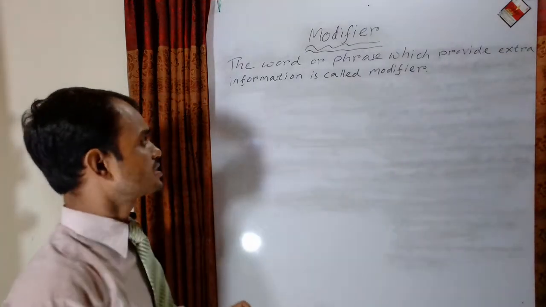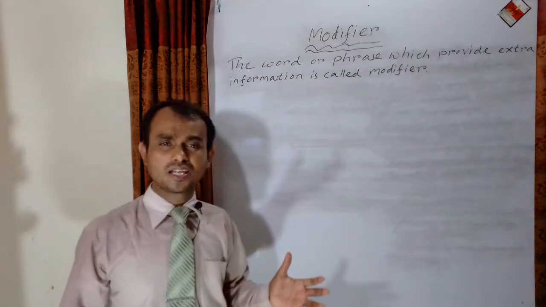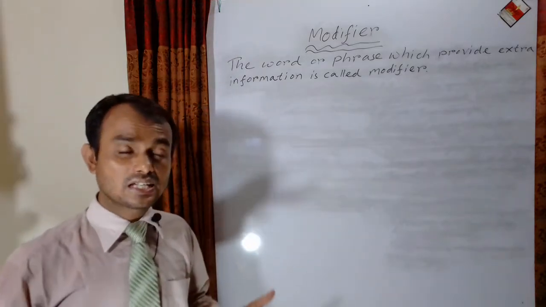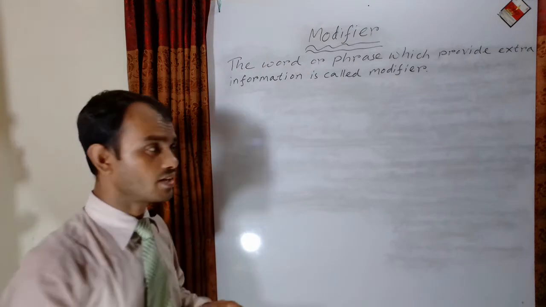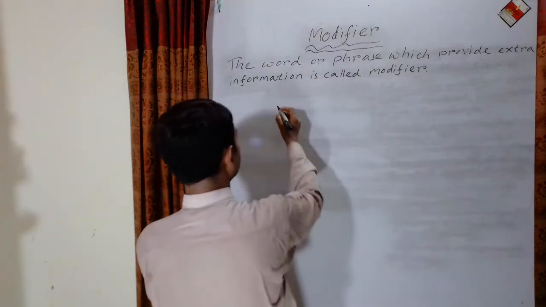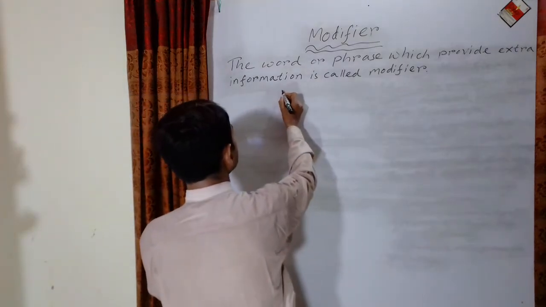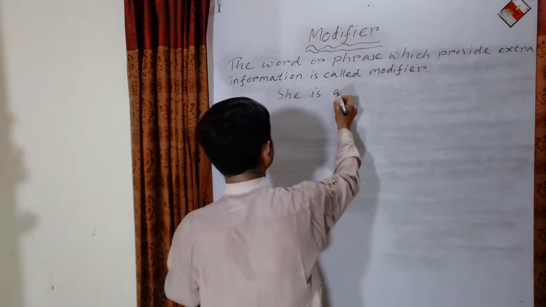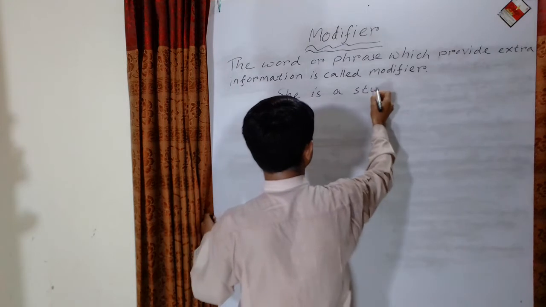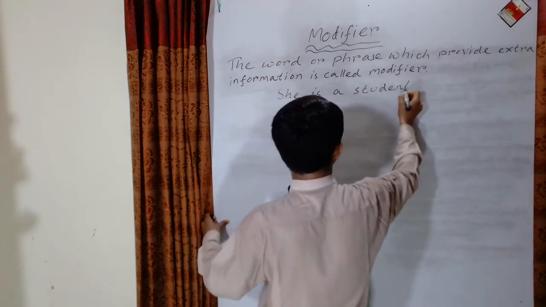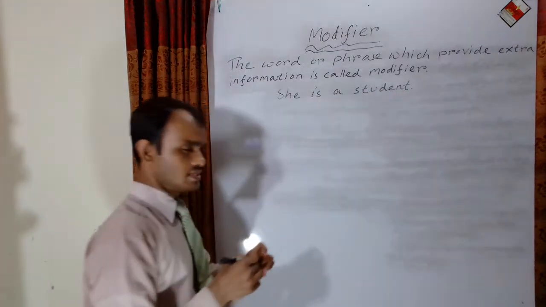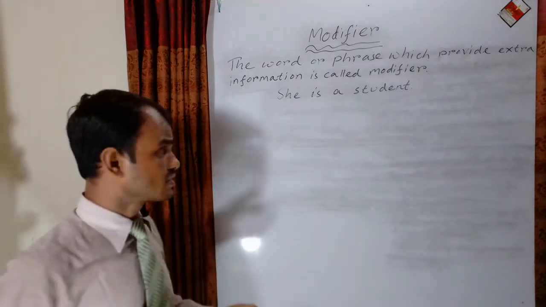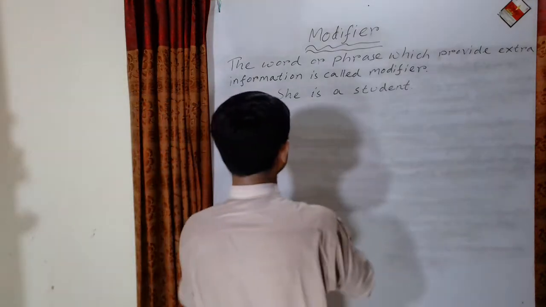Dear students, the word or phrase which provide extra information is called modifier. For example, if I write, she is a student. Okay.